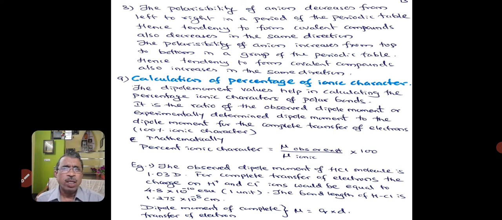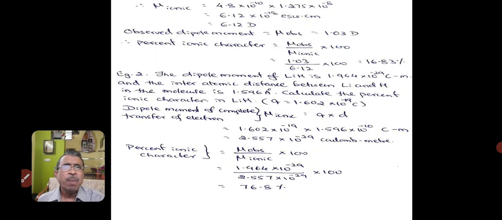Based on this, we have to calculate the dipole moment for complete transfer of electron, which is nothing but mu is equal to Q into d. Substituting the values of Q and d, we get mu ionic as 6.12 Debye.